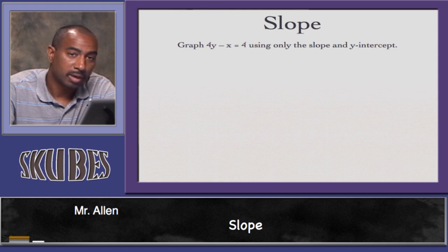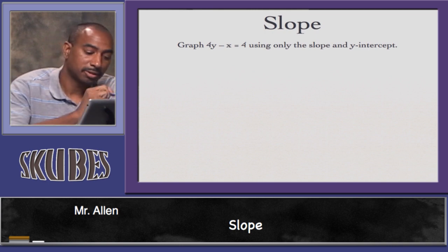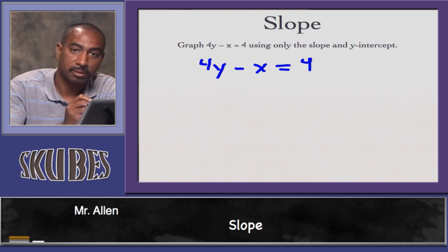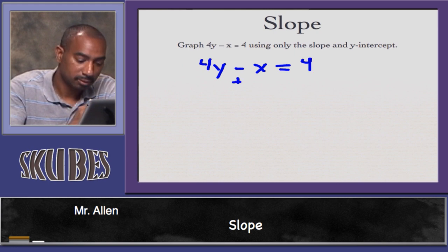Graph 4y minus x equals 4 using only the slope and y-intercept. Again, this is not in slope-intercept form, so you want to change it to slope-intercept form first. So I've got 4y minus x equals 4. Move the x term to the opposite side.